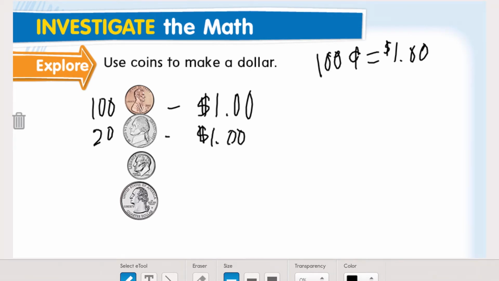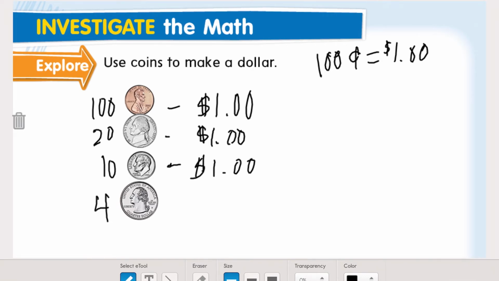If we count by fives 20 times, 5, 10, 15, 20, 25, 30, 35, 40, 45, 50, 55, 60, 65, 70, 75, 80, 85, 90, 95, 100, we get to $1 or 100 cents. Then your other options were 10 dimes: 10, 20, 30, 40, 50, 60, 70, 80, 90, 100, again, $1.